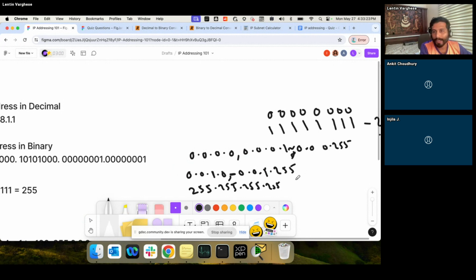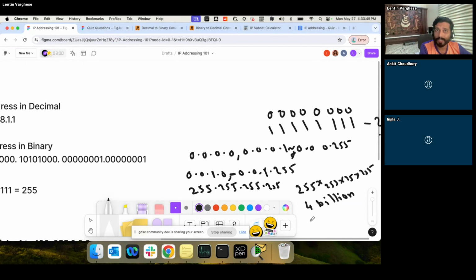So essentially, the end would be 255.255.255.255. Now, to get the number of available IP addresses in this network, I could do two things. One, I could just multiply 255, 255, 255, 255. That'll give me roughly around 4 billion hosts, right?